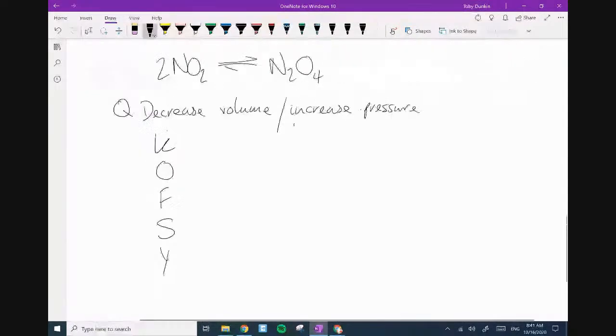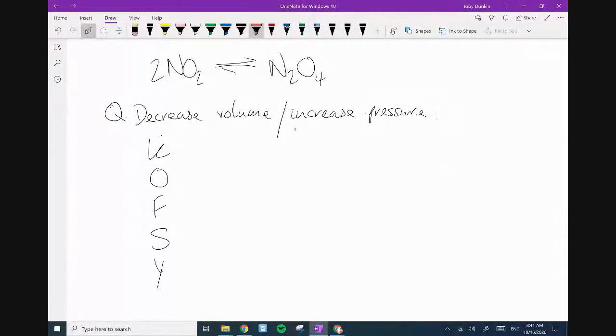Pressure is all about moles of gas. We've got 2 moles of brown gas on the left, and we've got 1 mole of colorless gas on the right.